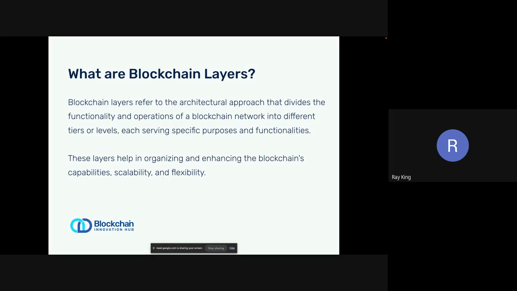Each layer has its own function and responsibility within the blockchain. Each layer does different things, and we're going to be understanding what each of them does and how blockchain layers work.